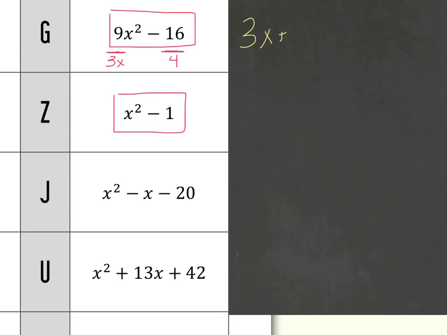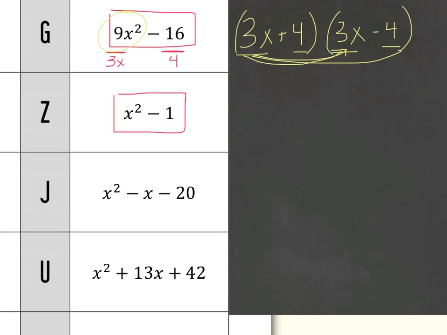So you should be happy, happy, joy, joy, jump all around like crazy, because you just don't get any easier when you are factoring. So it's the square root of the first, the square root of the last, square root of the first, square root of the last, and different signs. When I multiply this, I do get 9x squared. Check. I do get minus 12x plus 12x, canceling out. And I do get negative 16, check. So that one does work indeed.